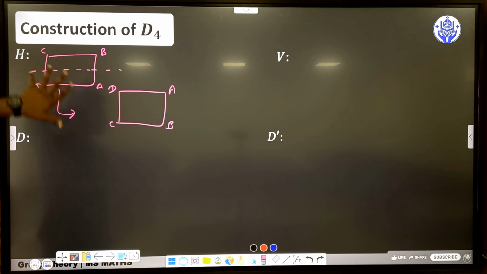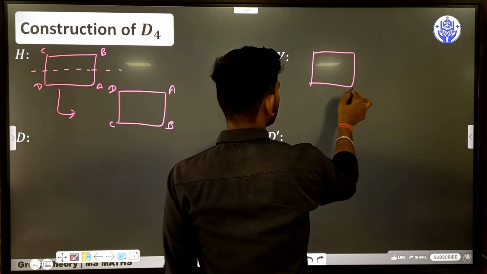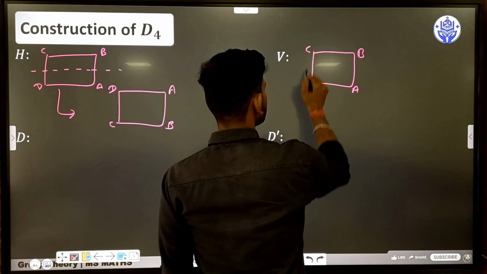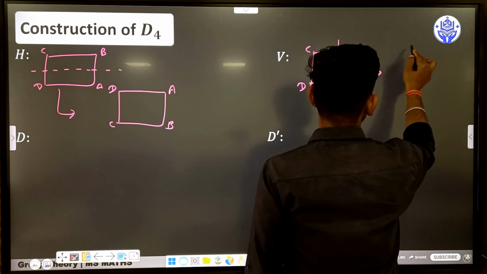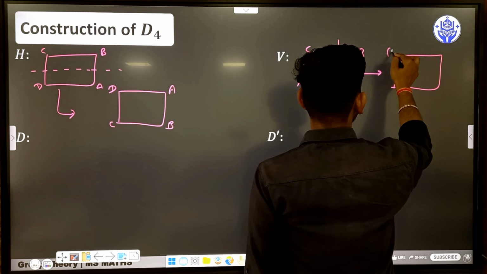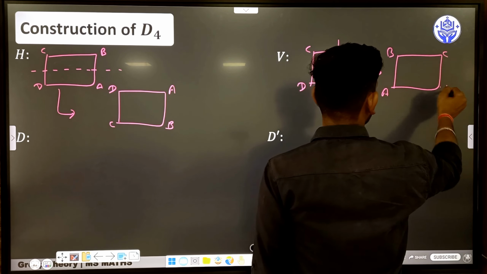This is your horizontal. Now what is vertical here? In the vertical case, if it is A, B, C and D, so like this. This is A, B and this is C and then D.